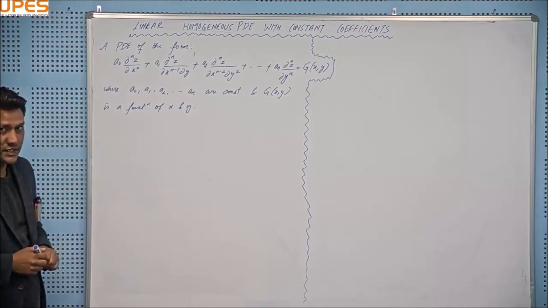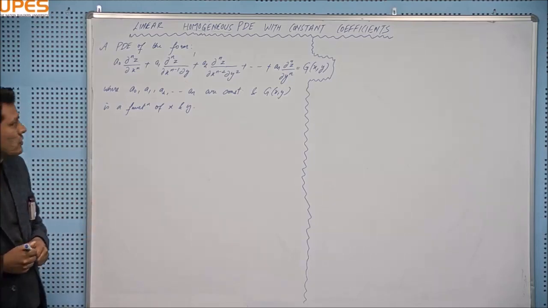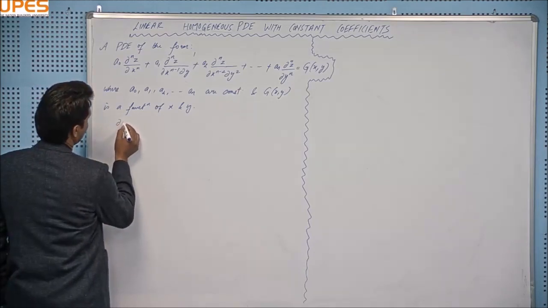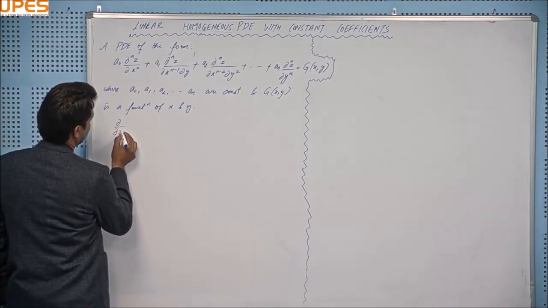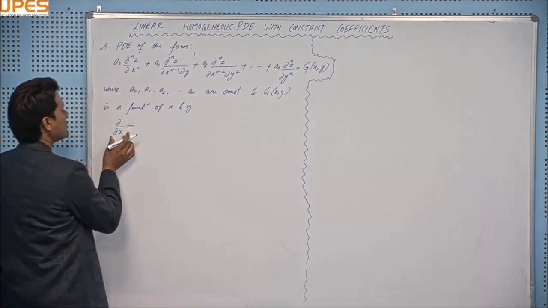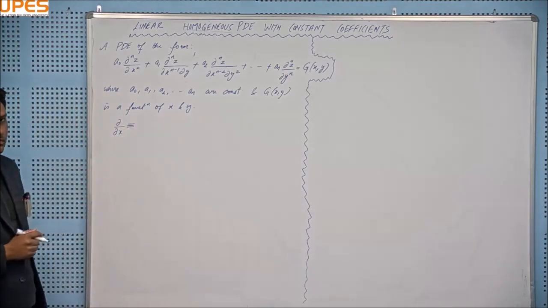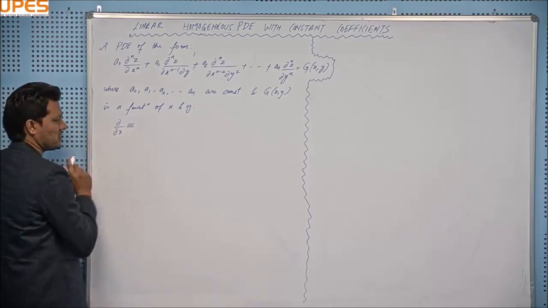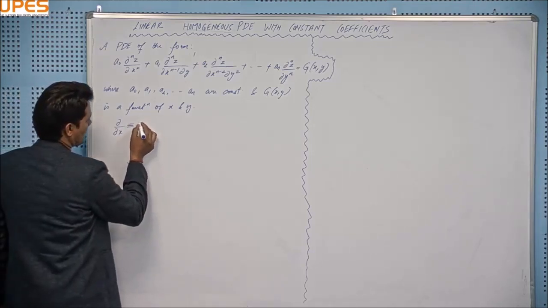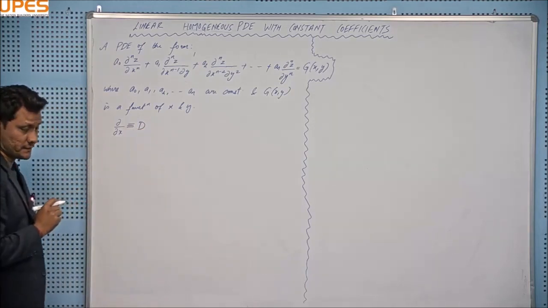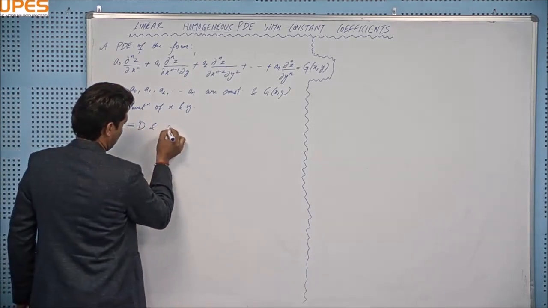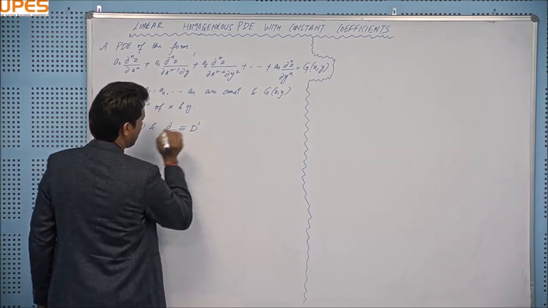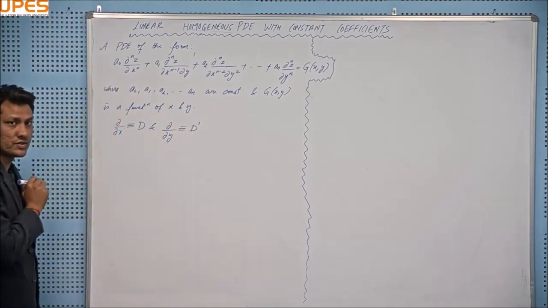Now this PDE can be written in a much simplified form. If I write del over del x, this is the partial derivative, or you can say an operator, and z can be written here also, then it is represented by the symbol capital D, and del upon del y, this operator is represented by D dash.